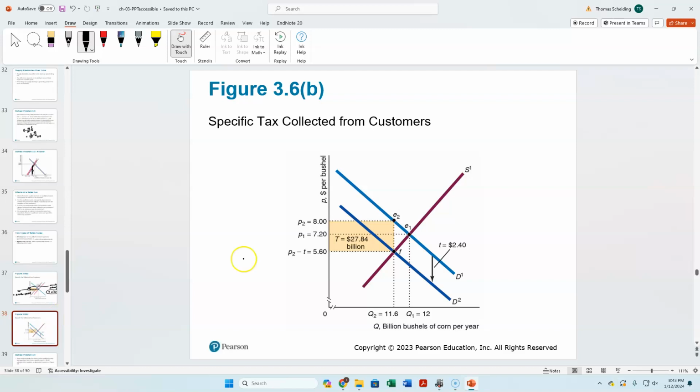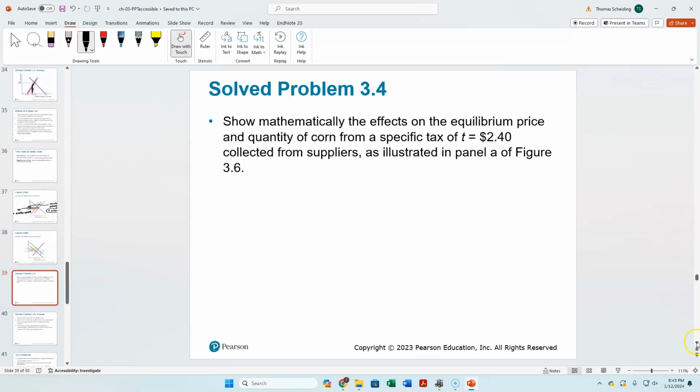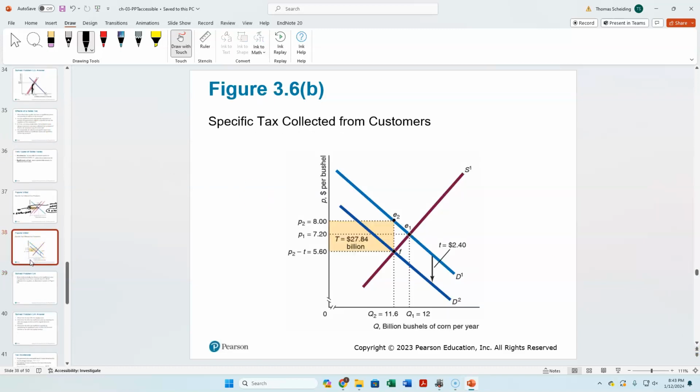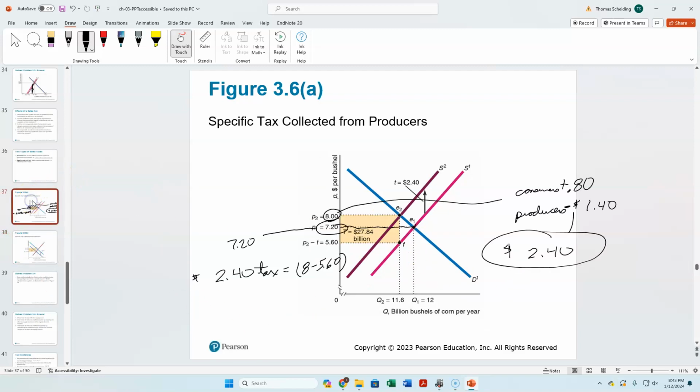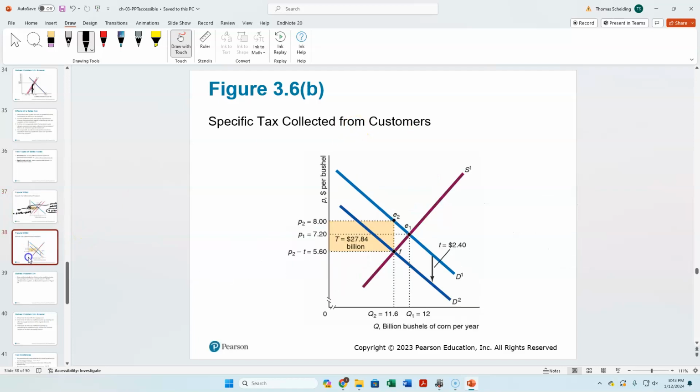Now, again, it doesn't matter who legally has to pay. Sorry, I didn't mean to shift it there. It doesn't matter who has to pay the tax to the government. It just determines whether you are shifting the demand curve or the supply curve. Here, the supplier was legally responsible for remitting the tax to the government. Here, the consumer is legally responsible for remitting the tax.